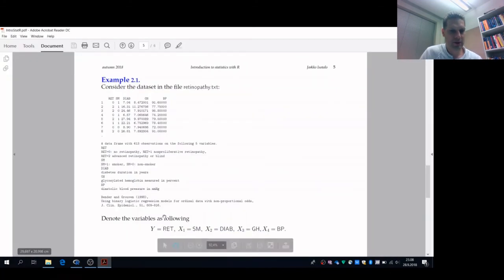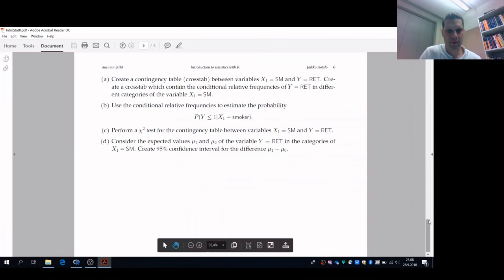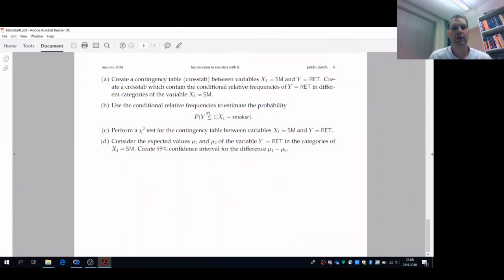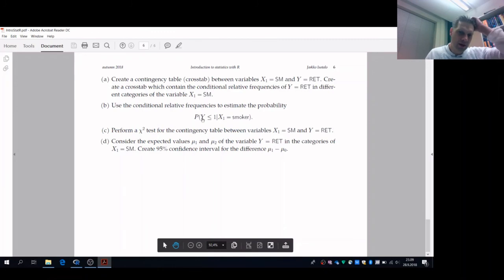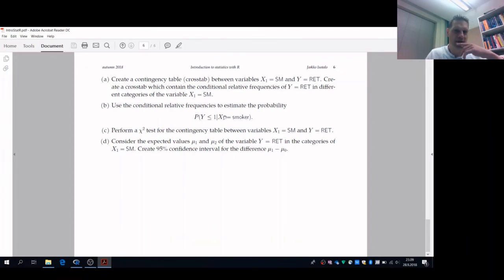So the next question was that we should use conditional frequencies to estimate the probability of y being smaller or equal to 1, given that the person is a smoker. So in this notation, y means that the retinopathy is happening to some person who has been classified as a smoker.